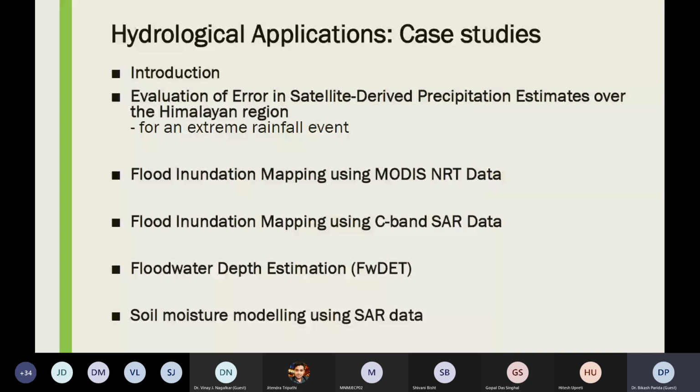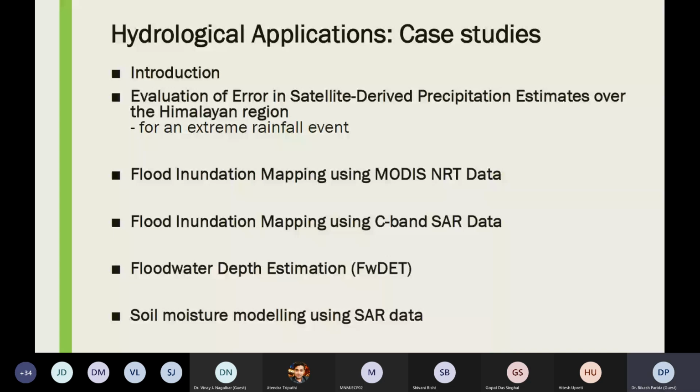But we need some kind of understanding, especially if somebody is working over the Himalayan areas, because over the Himalayan regions, you know that the topography is very complex and it is varying from one place to another place, and therefore whether the satellite data is capturing, whether that precipitation data is useful or not. So to analyze that or to get some idea of that, this one study has been conducted.